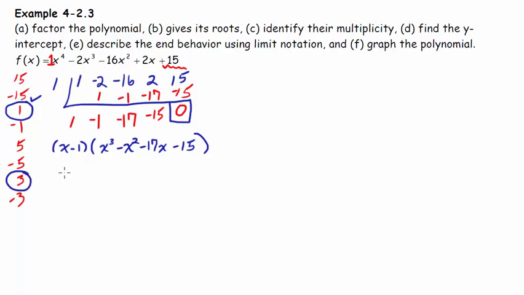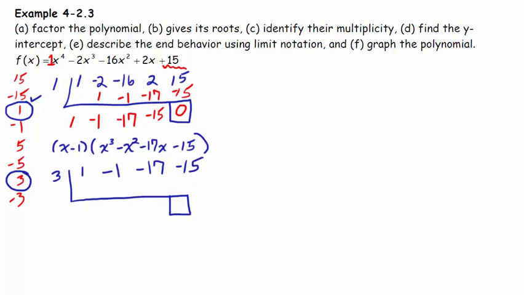Let's see if 3 would work. Alright, so I'm going to put 3 outside. And then inside, we're going to put these coefficients: 1, negative 1, negative 17, negative 15.